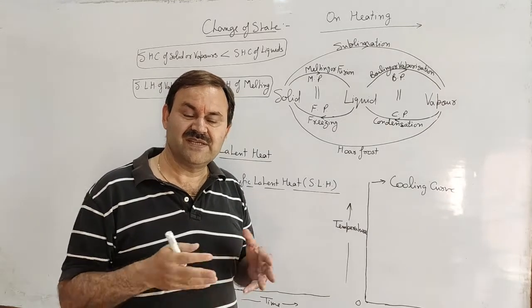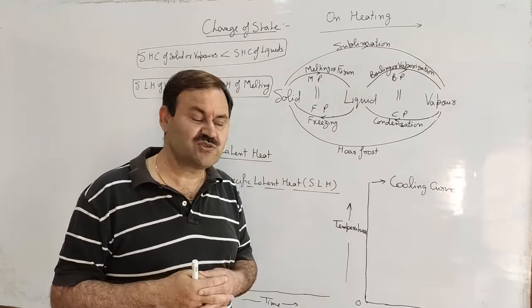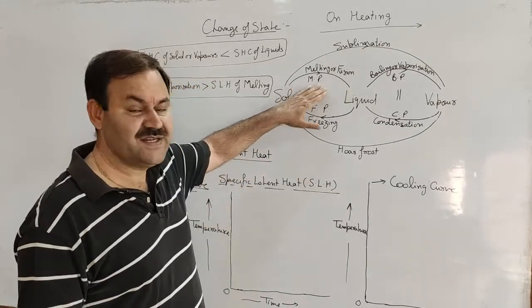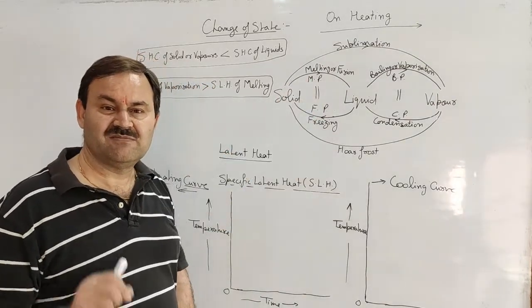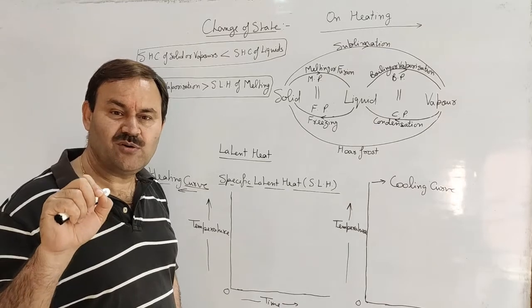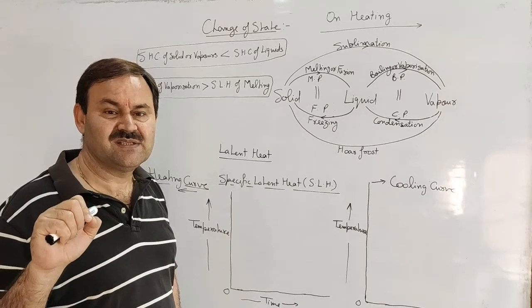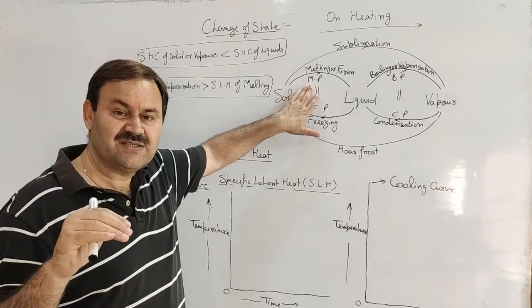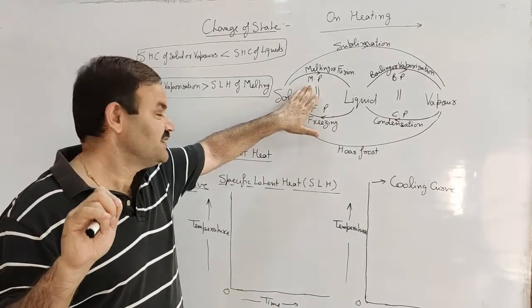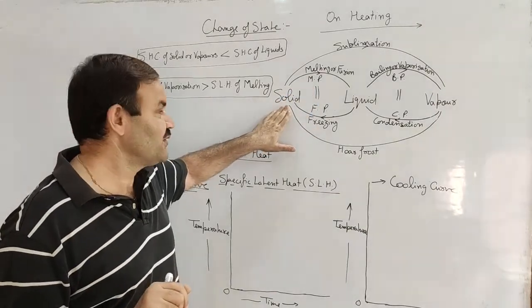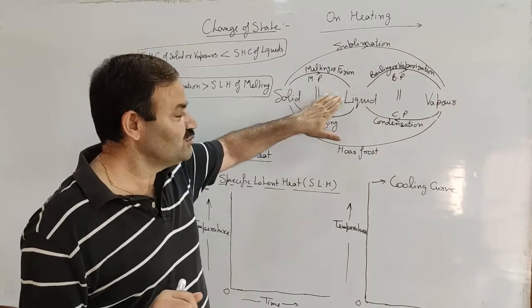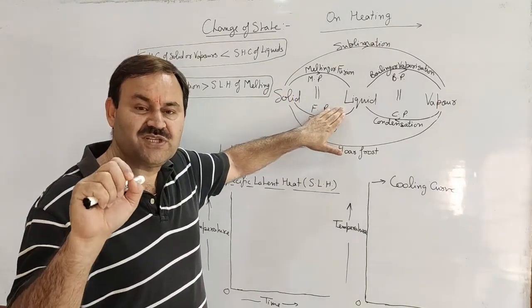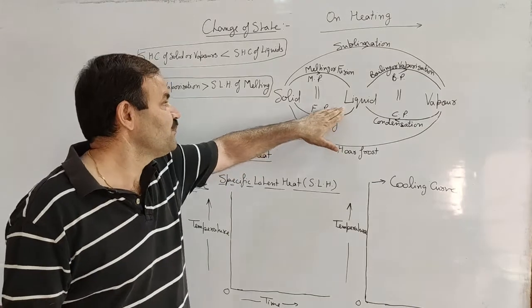That's why the heat supplied to the solid at its melting point will be called hidden or latent heat. So this latent heat will only change the state of solid from solid to liquid without changing its temperature.